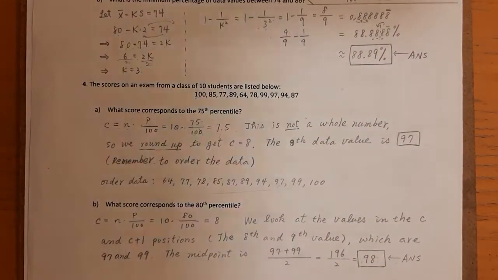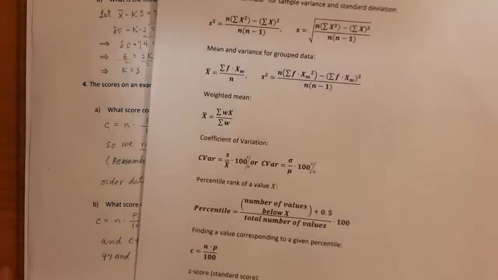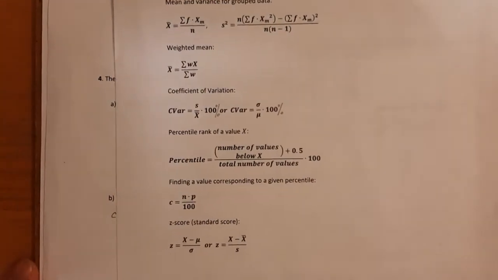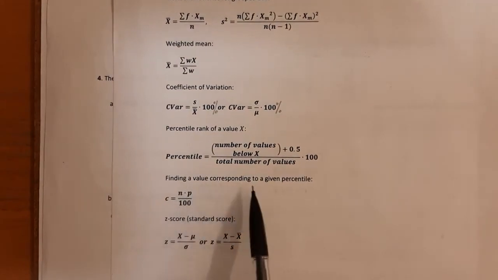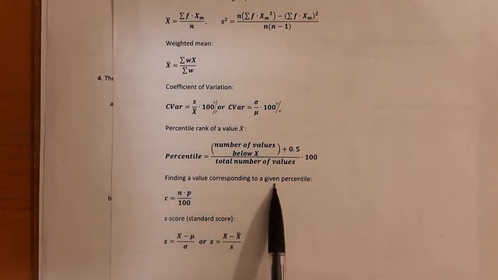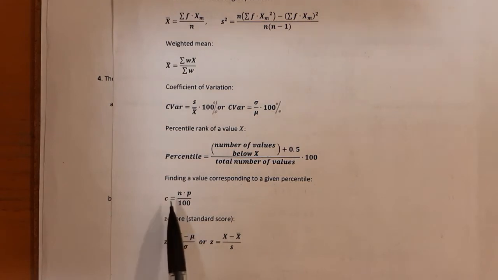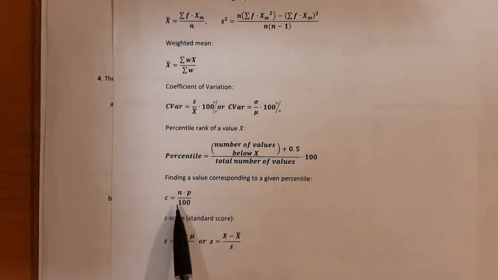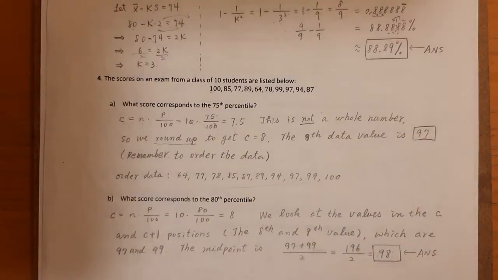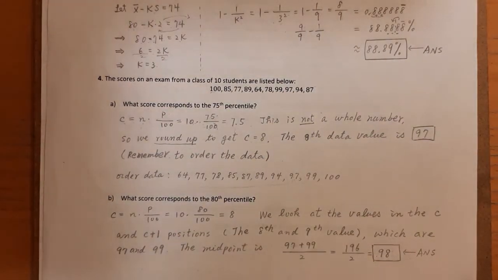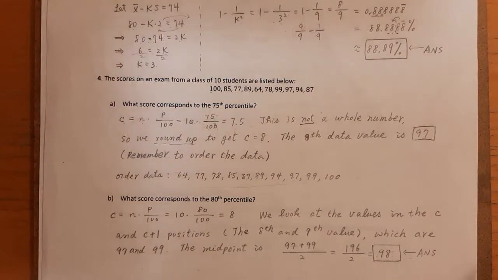This formula is on the formula sheet: finding a value corresponding to a given percentile, count C is equal n times P over 100. That's the formula we learned. Use this formula.